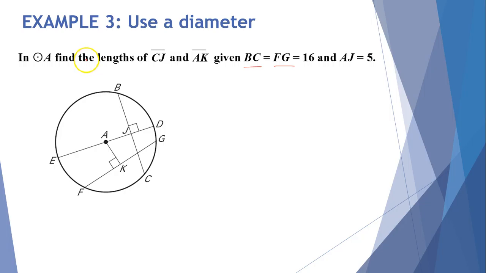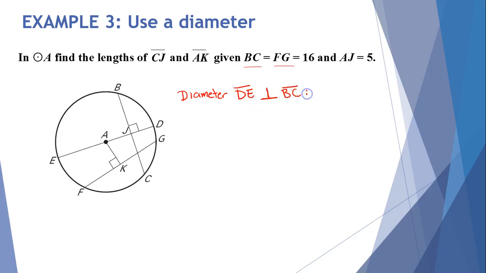Okay, so what that's going to tell us by theorem 10.5, let me just write this out for y'all. This is my train of thought. Diameter DE, we know that's the diameter because it's a chord that goes to the center of the circle. It is perpendicular to BC. That's what this symbol means, perpendicular, an upside down T.